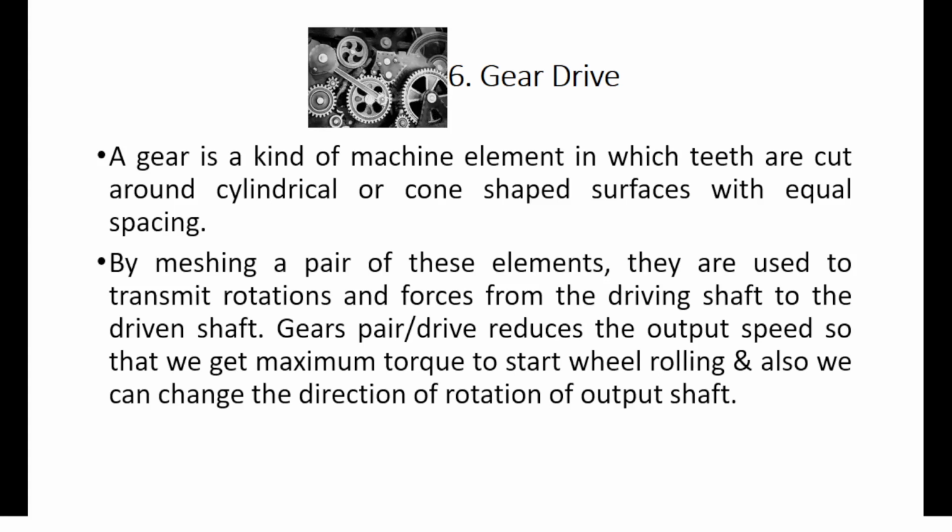So the speed is slow but the torque is maximum, whereas if you want to reverse the automobile, or we can say maneuver the vehicle in reverse direction, we have to put that particular automobile in reverse gear. So that is another important example of gear drive.